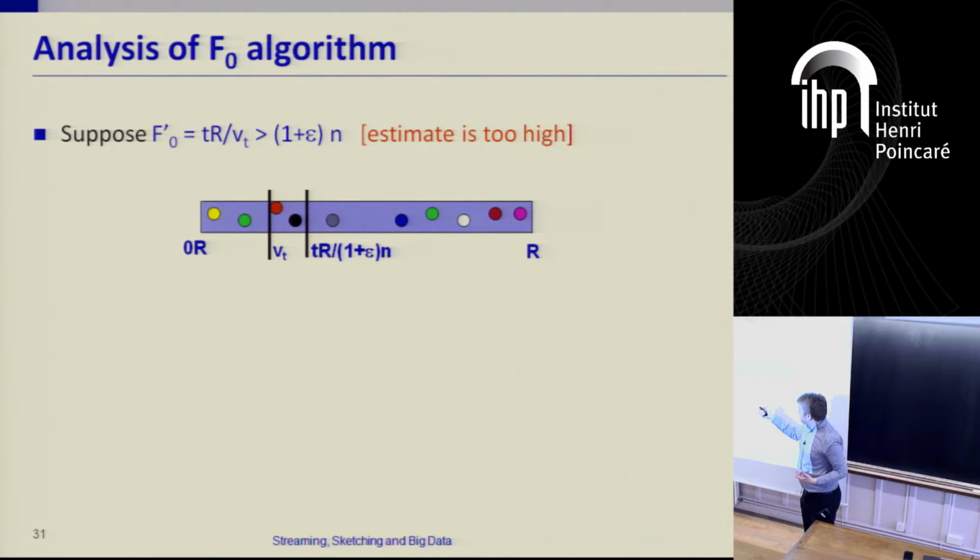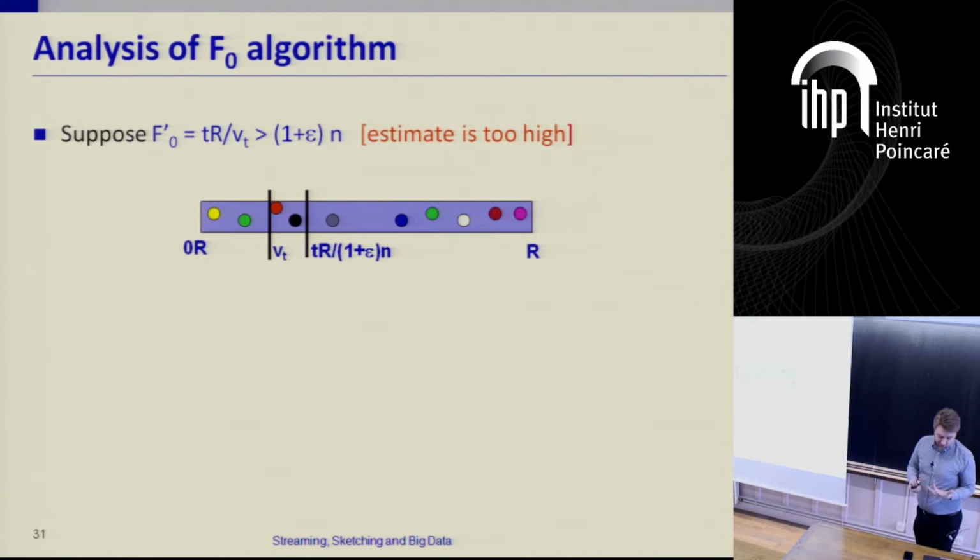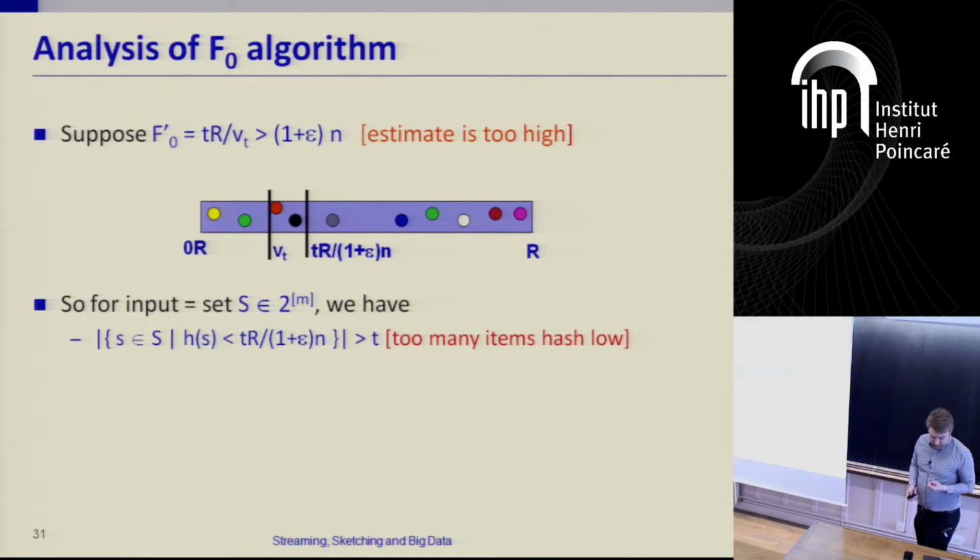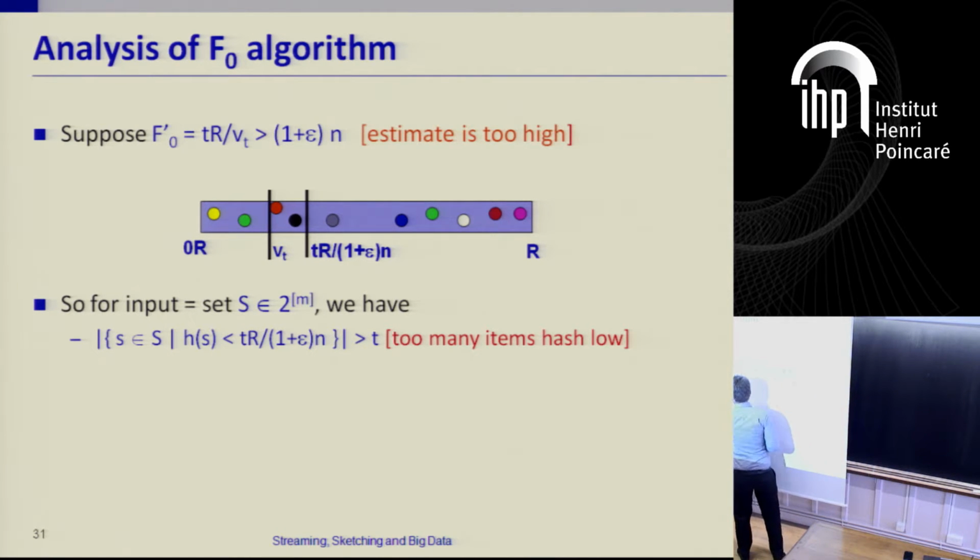But I actually saw something smaller because I saw too many items that hashed to a small value. So the number of elements that hash below a particular threshold value, as a function of the true answer, was too many.